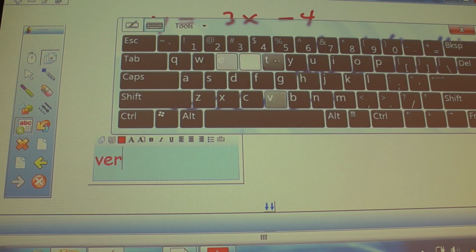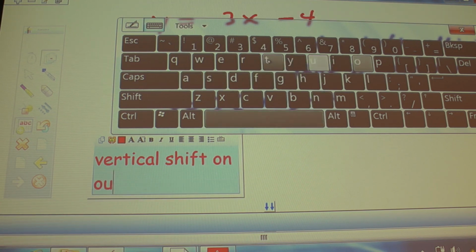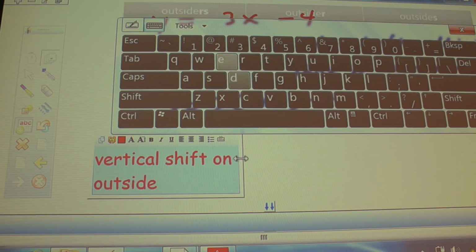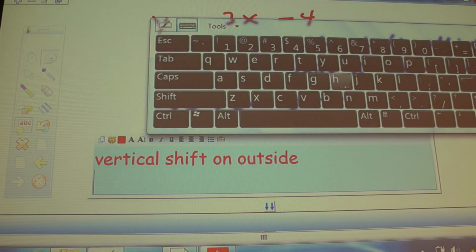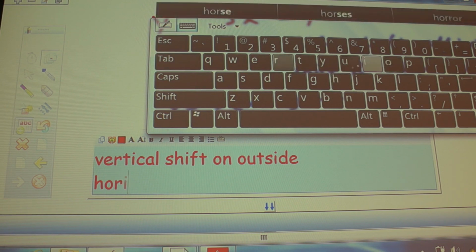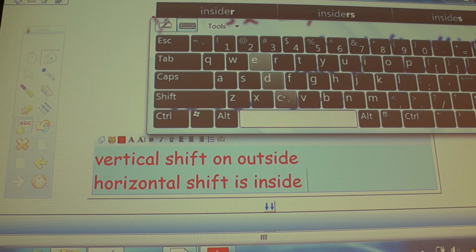Vertical shift is on the outside of the equation. Horizontal shift is inside, with x.